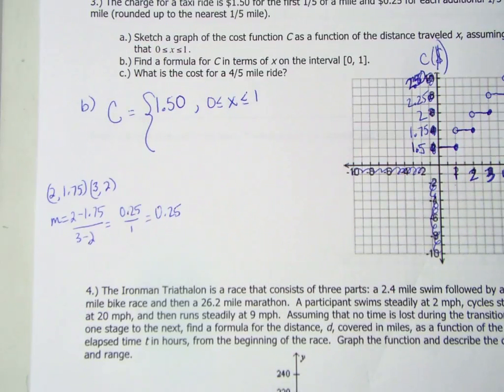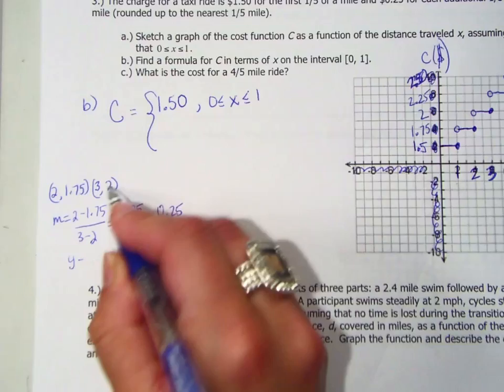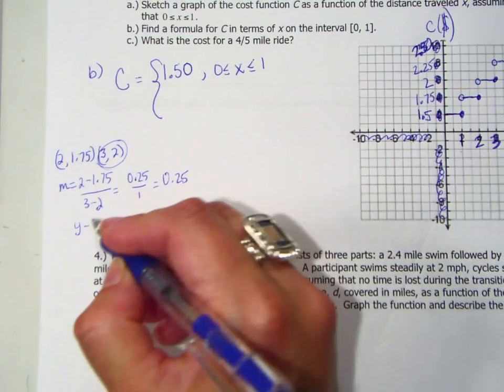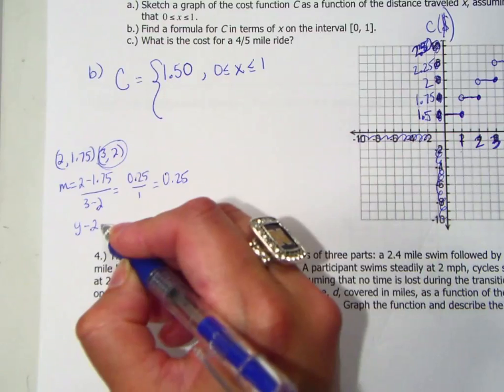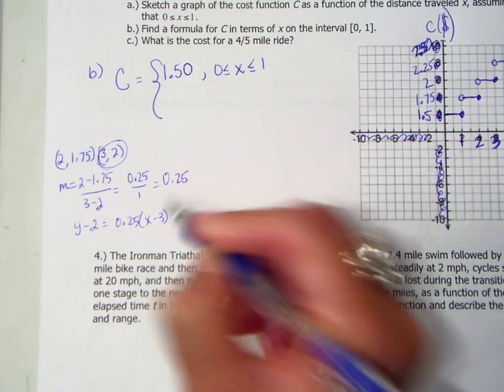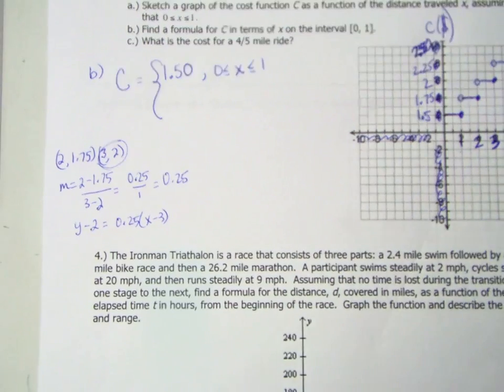That's the amount we're increasing every time we go with another 1/5 of a mile. But it's when we use our point slope form, so I'm going to use that second point because they're both integer values. It's when we put that slope and one of these points in our point slope form that it takes care of that issue we were having before with it not calculating the costs correctly.